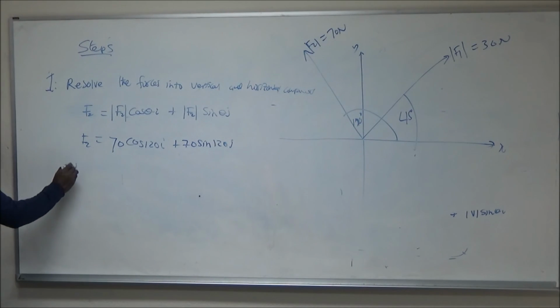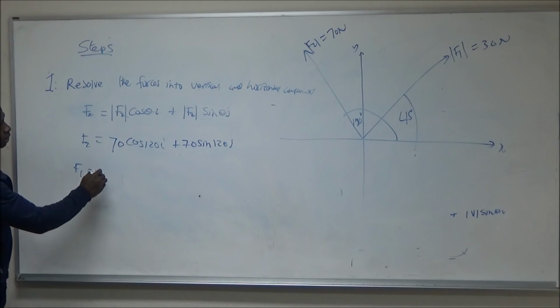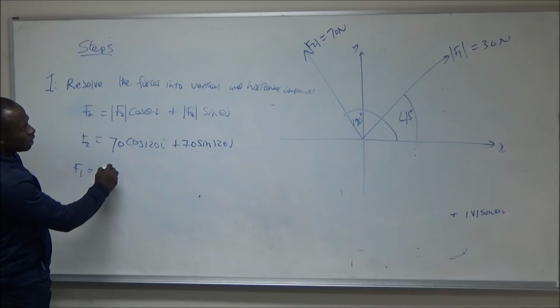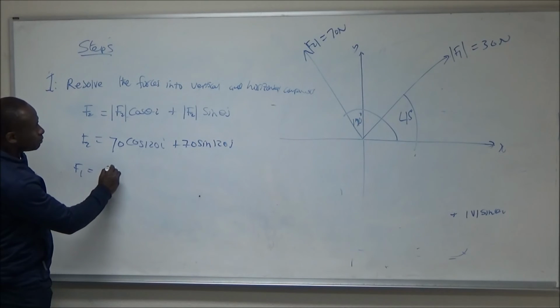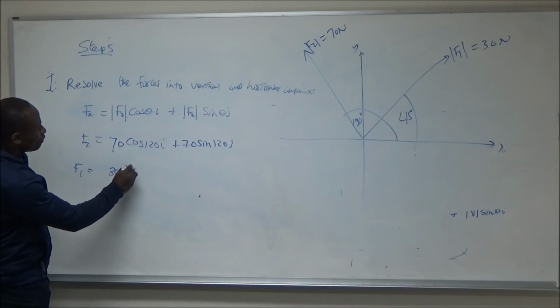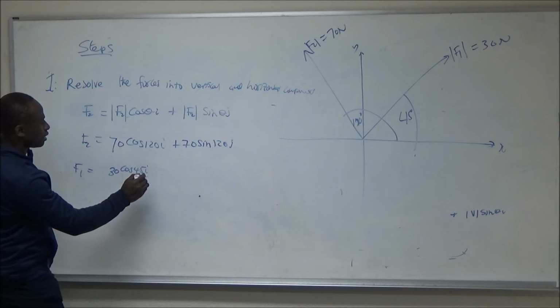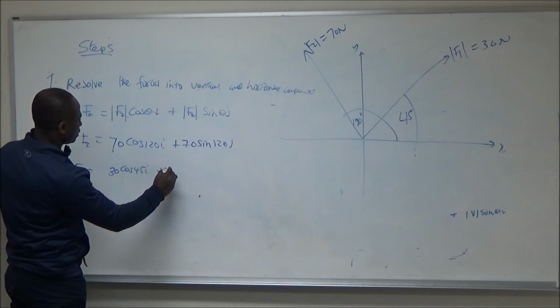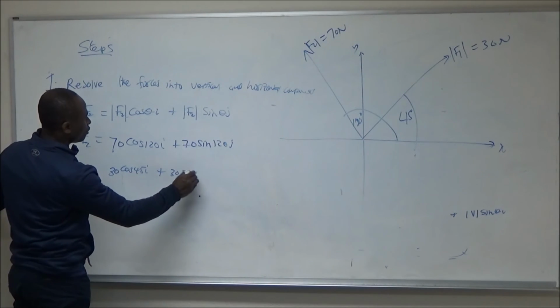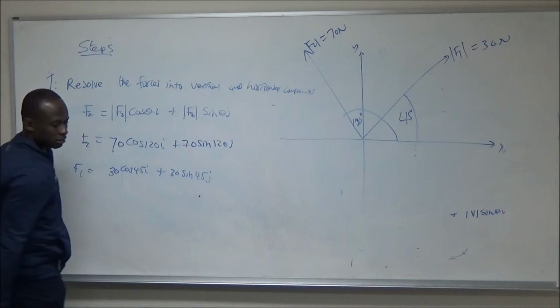And then we take F1. It's going to be 30 cosine of 45 i plus 30 sine of 45 j.